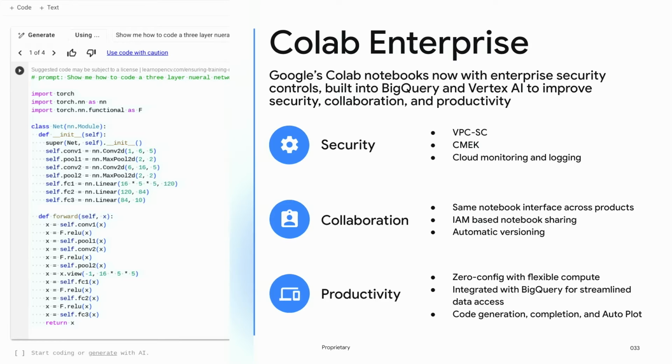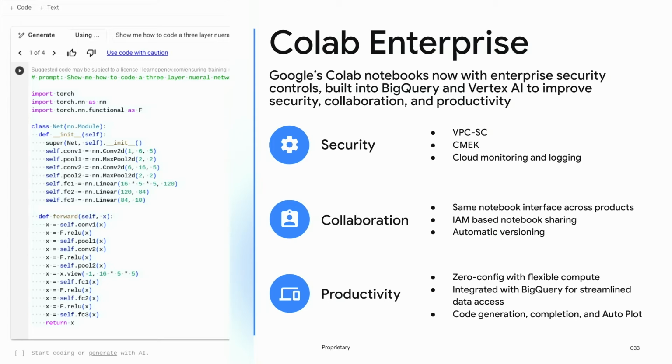And the idea here is to give you an entry point within the Cloud Console where your data scientists can go in, very quickly start writing Python code, get access to BigQuery data, and you get all of those controls that GCP and Vertex are known for. True to the origins of Colab Enterprise, we've been trying to make sure you have a strong collaboration experience there, and that includes IAM-based notebook sharing, automatic version control, things like that.